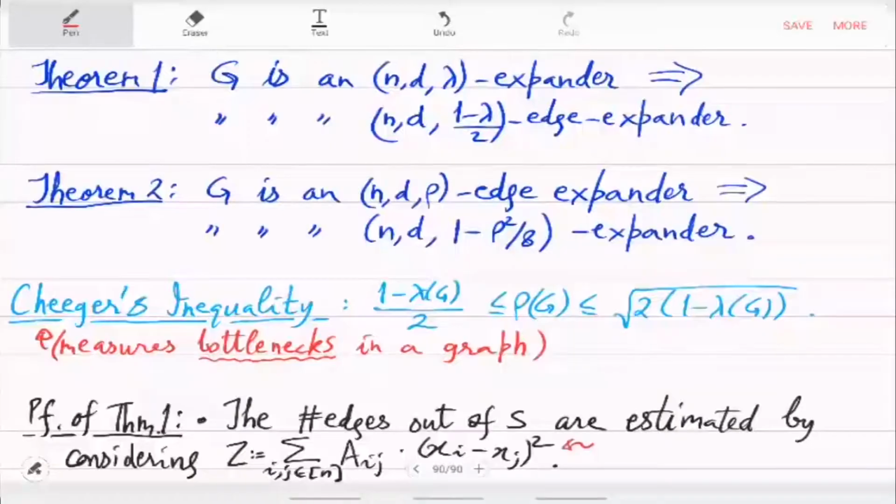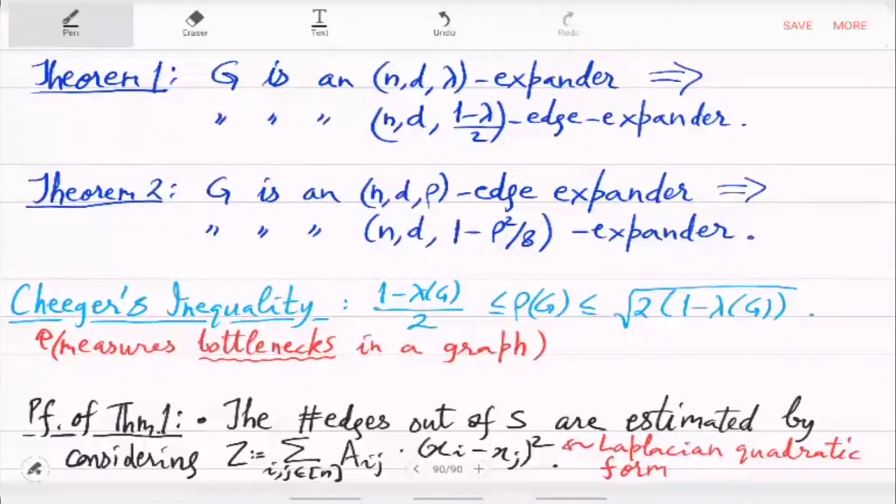So this is called the Laplacian quadratic form.